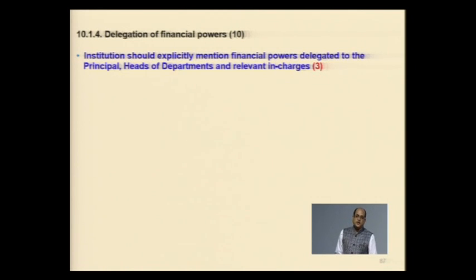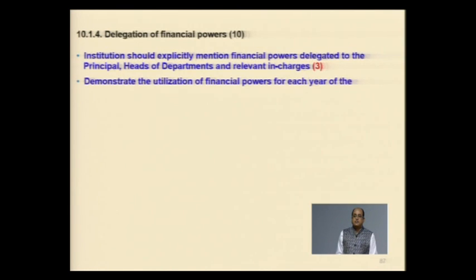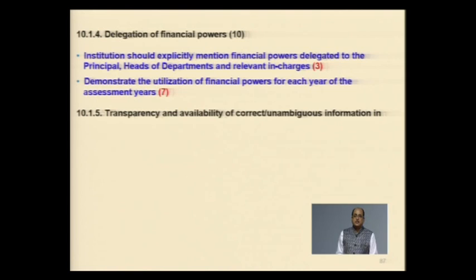So for each year of assessment, for many financial points, which we will see in 10.3, the program needs to demonstrate the implementation in terms of file movement, and especially the closure of files based on the delegation of powers given to the principal, heads of the departments, and the in-charges. Demonstrate the utilization of financial powers for each year of assessment. So out of 10, if you have it on paper, you only get 3 marks, and if you are not able to demonstrate, then you will not get 7. You may not get any marks because it's only on paper.